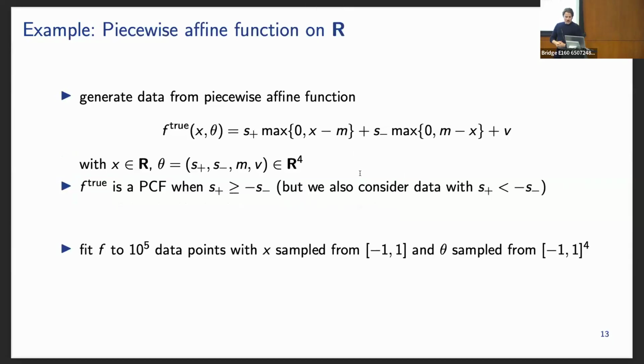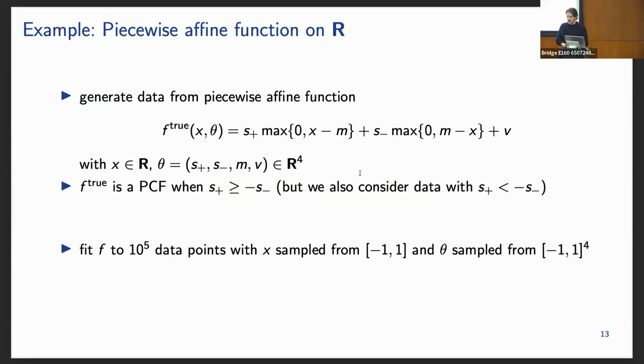I'll give two quick examples. This first one is a piecewise affine function, where the variable is the input x, and the parameters are the slopes and the breakpoints. It might be a PCF itself, so convex, but it can also be a non-convex piecewise affine function.